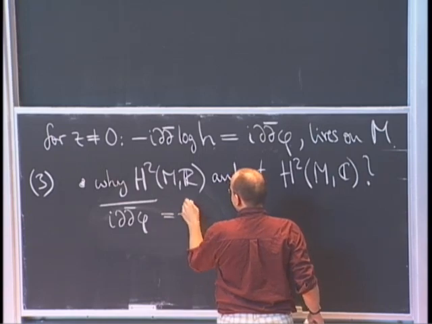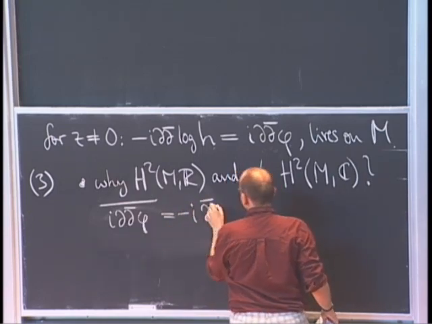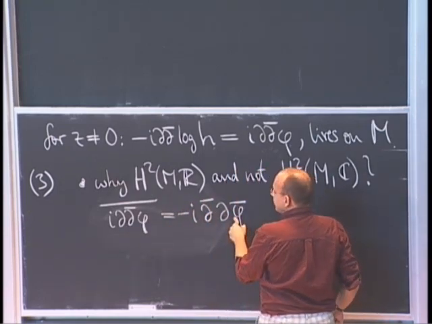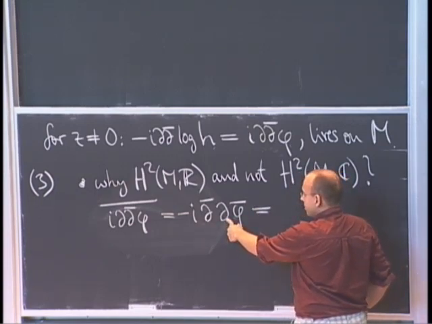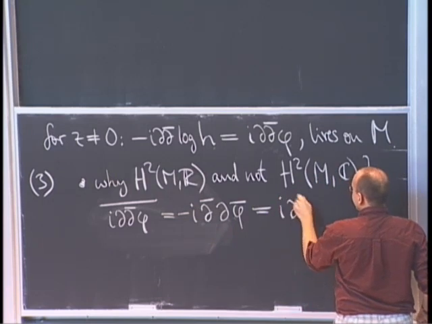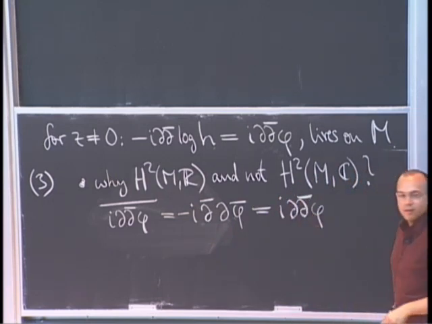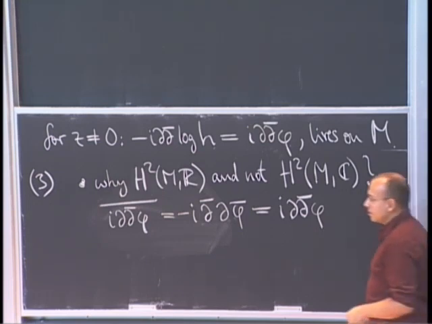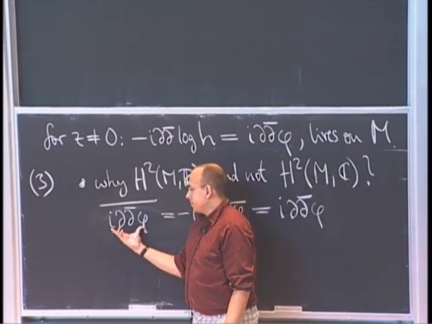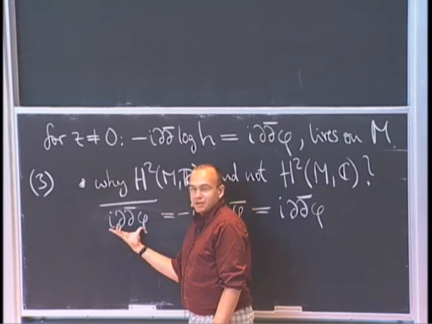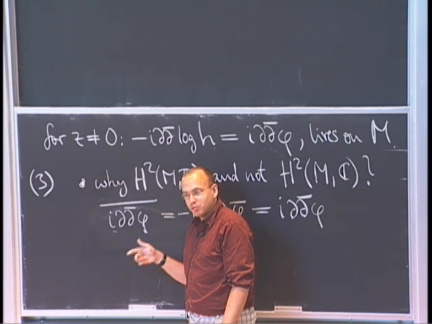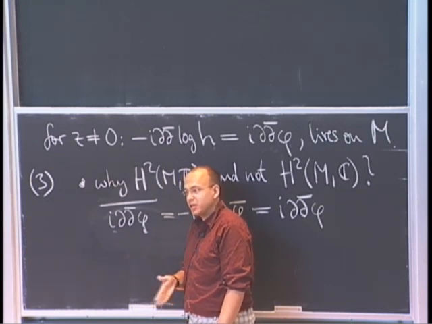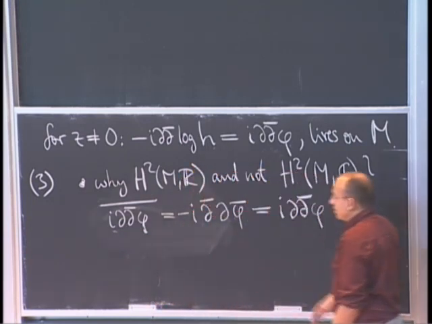Well, it's going to be minus I d bar d phi bar, but phi is a real function, and d and d bar anti-commute. So I actually get I dd bar phi. So it's actually a real valued form. It's a two form, and if I express it with respect to real coordinates, then the coefficients are going to be real as well.